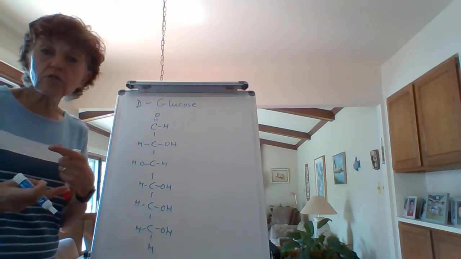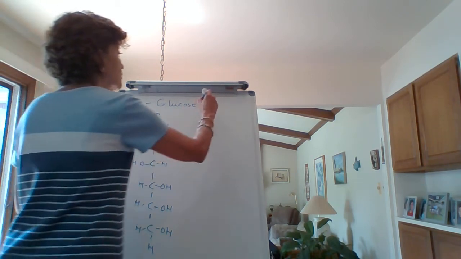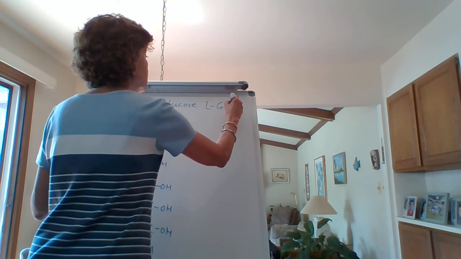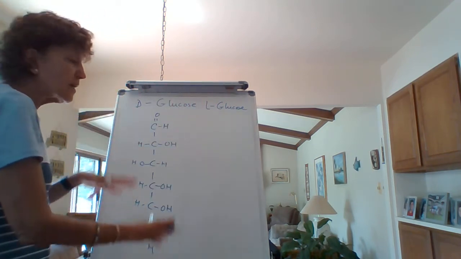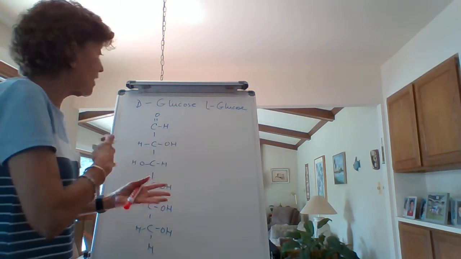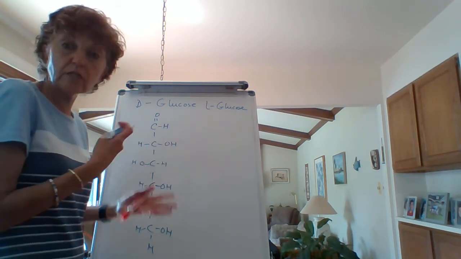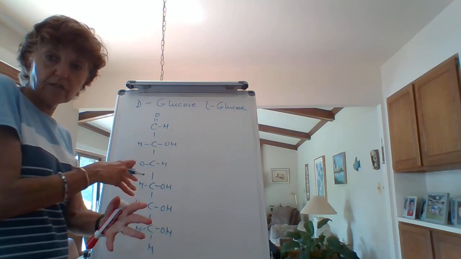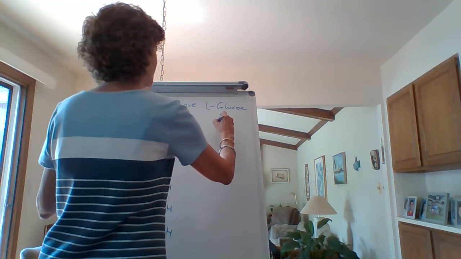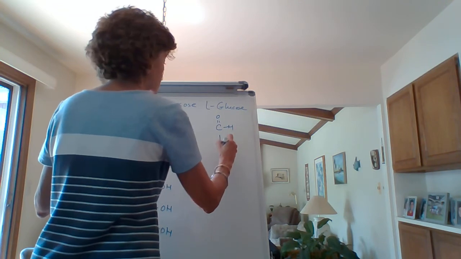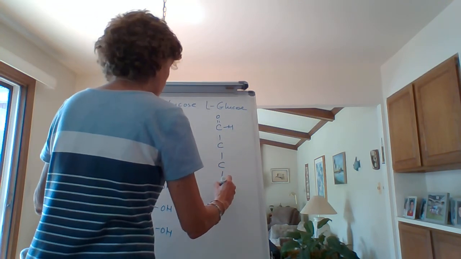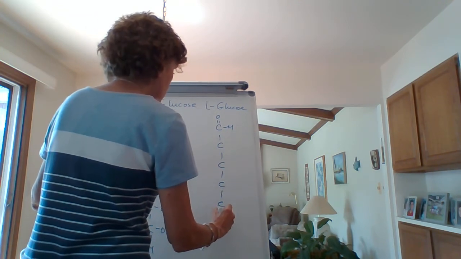All right, now let's do its enantiomer, L-glucose. L-glucose is everything flipped. So anything that is chiral, that is to the right, gets flipped over to the left. Okay? So here we go. This carbon 2, carbon 3, carbon 4, carbon 5.